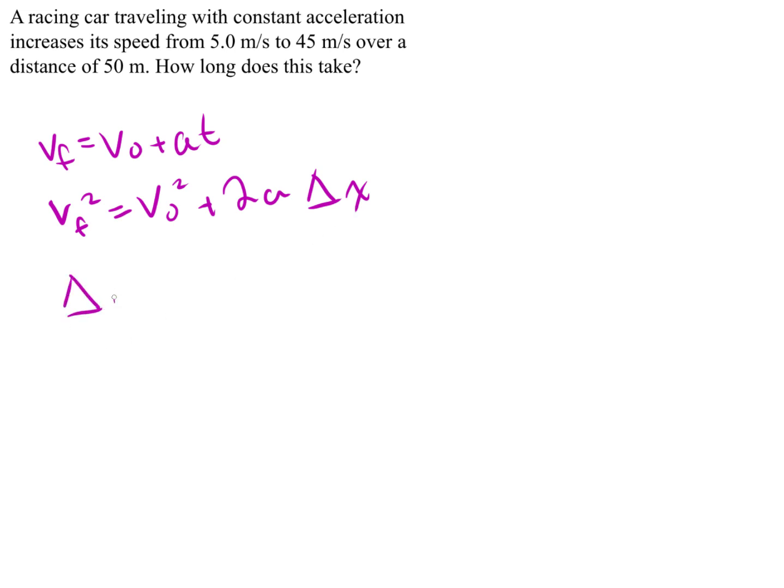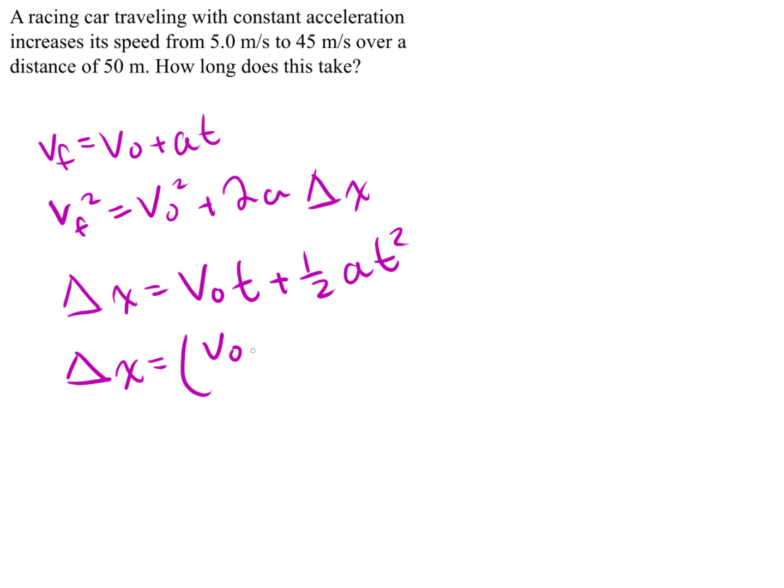The displacement is equal to the initial velocity times the time plus 1/2 times the acceleration times the time interval squared, and that the displacement is equal to the initial velocity plus the final velocity divided by 2 times the time interval. And these are the four basic kinematic equations that we can use for this problem.